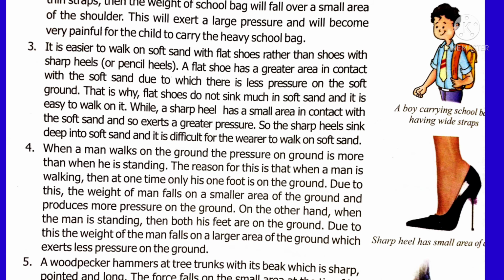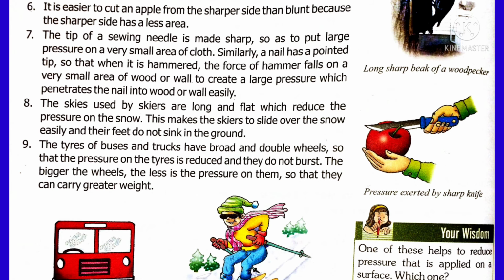Let us go for one more example. A woodpecker hammers a tree trunk with its sharp beak, which helps it find the worm stuck in the tree. With the help of the beak, it can apply more force on less area. The pointed beak provides less area.